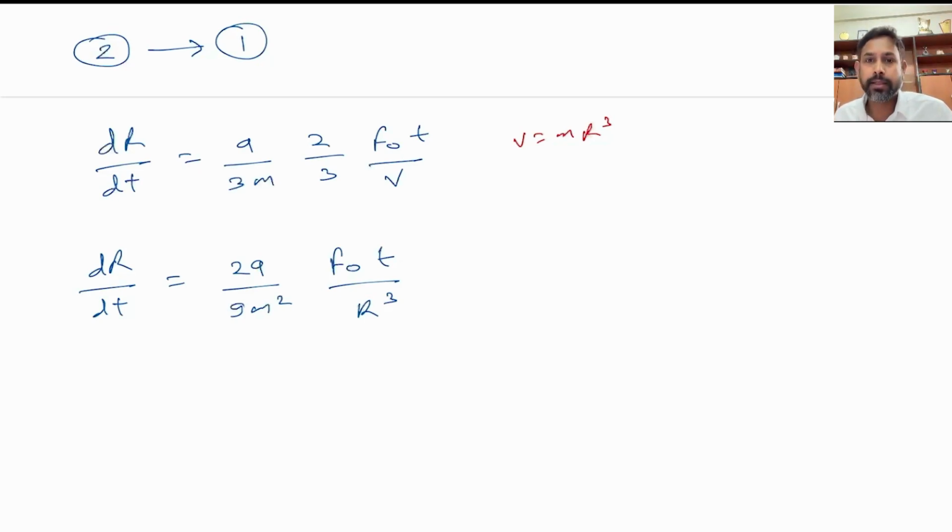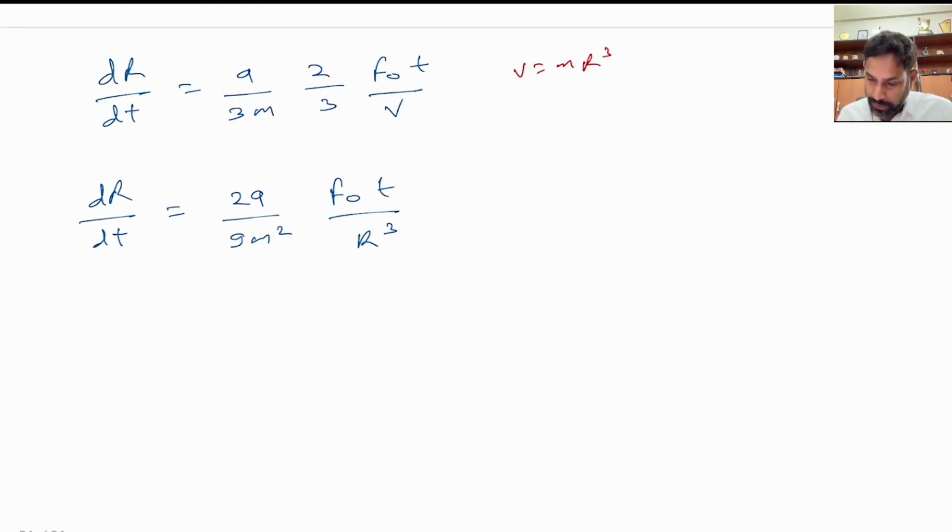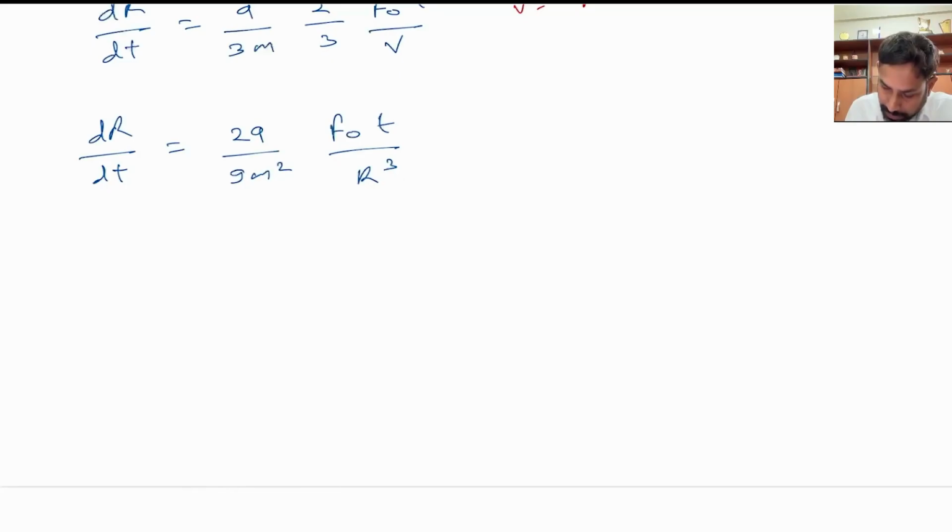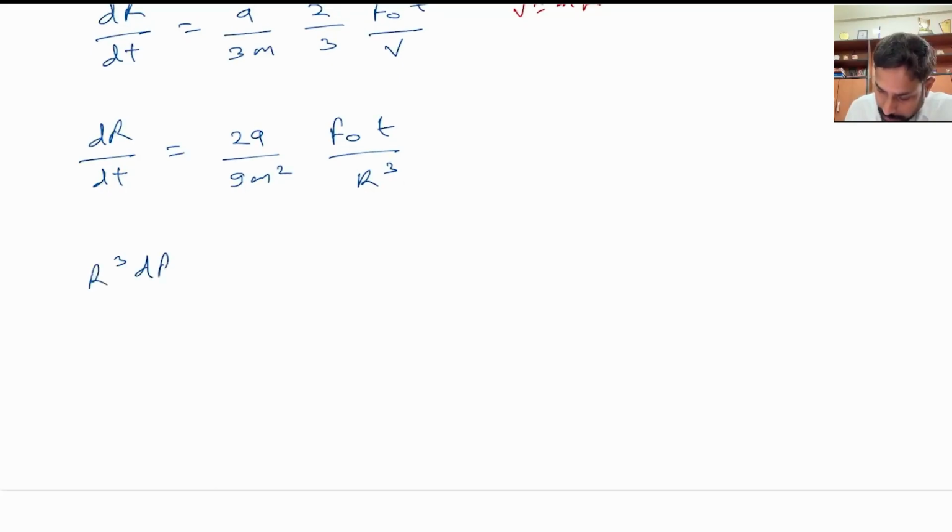Okay, we have replaced v with m r cube, and that is something we already defined in the previous lecture. So that is what we have so far, and now we do the separation of variables, and it gives us r cube dr is equal to 2a over 9m square f naught t dt, right?